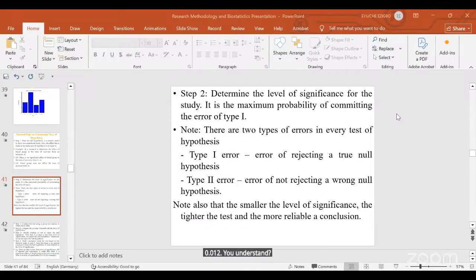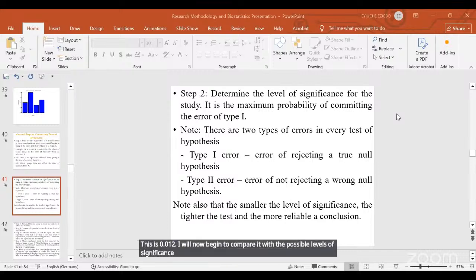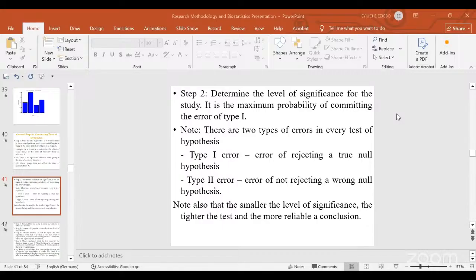This is 0.012. I will now begin to compare it with possible levels of significance. First, I compare it with 0.01, which is 1%. I'll find out that 0.012 is more than 0.01. Is it not so? Therefore, that particular test is not significant at 1% level of significance.